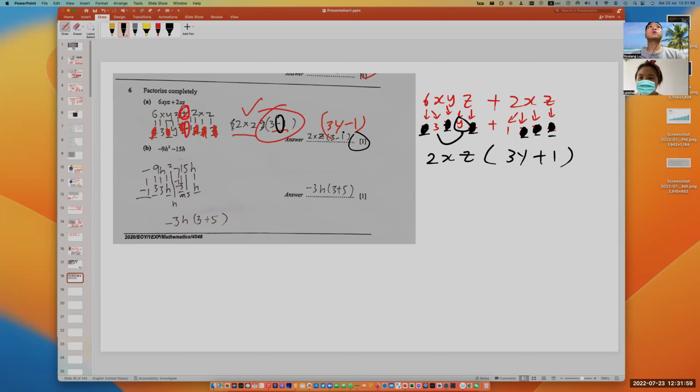So simple. The next one is, even though you might be correct for this answer, I still want to mark you wrong because this one is so messy. Why I say so? Everything is not on the same level. One is up, the other one is down. Nonsense. This is the same level.